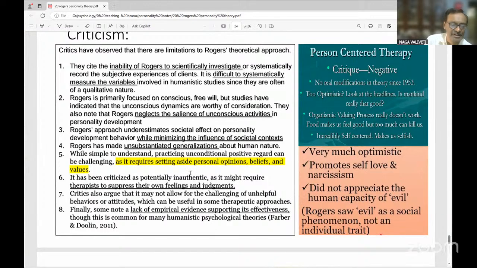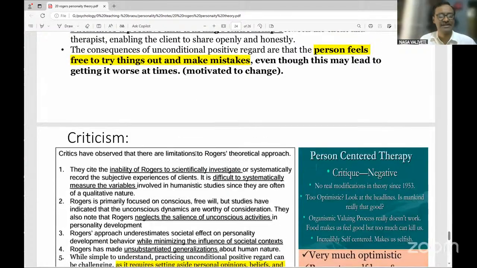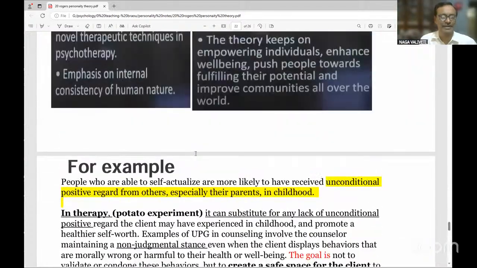If congruent, you are self-actualized. If not, you are not a self-actualized person. But what is required in environmental support is what is not given by Maslow. Just asking. So this is the theory of person-centric personality development.